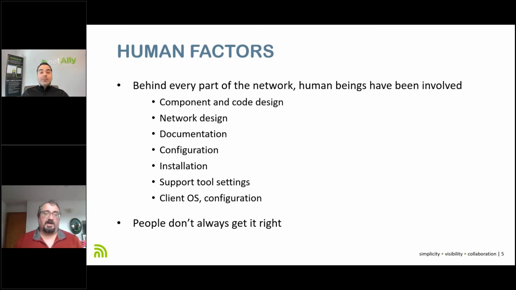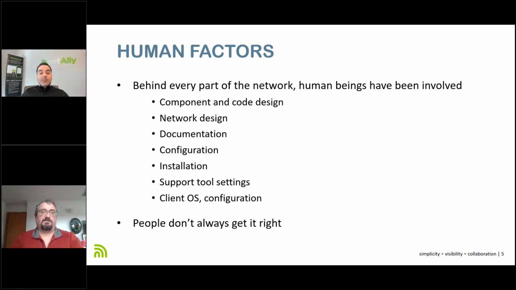Documentation can go bad. Somebody can do something weird in a config that they didn't mean to do and didn't even realize that they did. So absolutely, you use the phrase double check. Yeah, double check everything. Don't take anything for granted when troubleshooting. I would absolutely throw that out there.